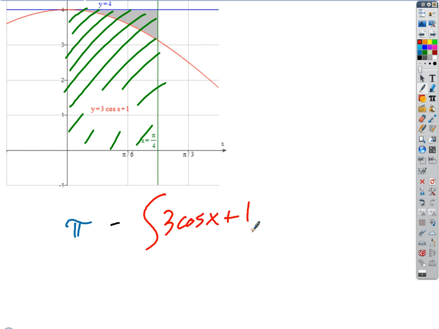Now, we have to put that in parentheses, right? Technically. Does that make sense? dx from 0 to pi fourths, and that should do it, right?